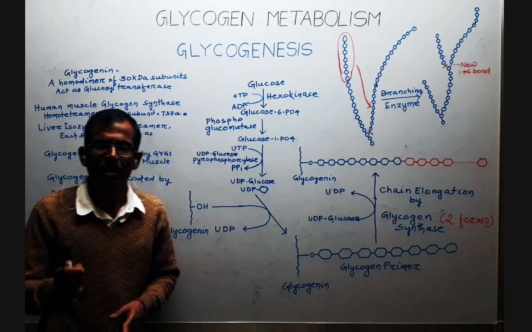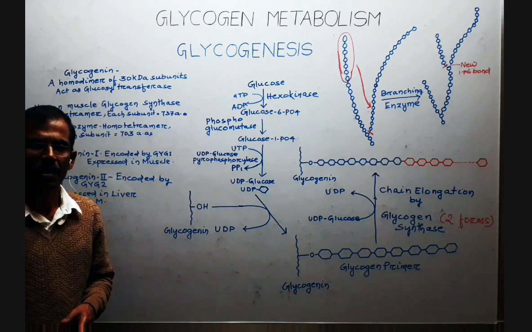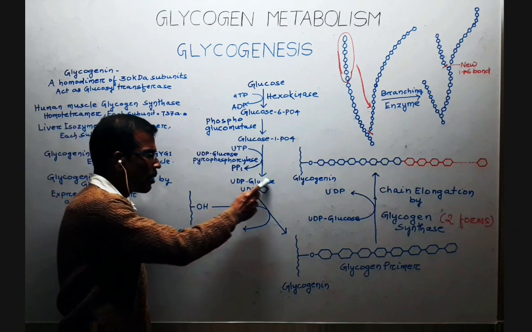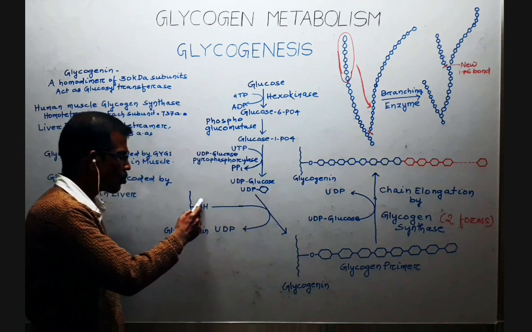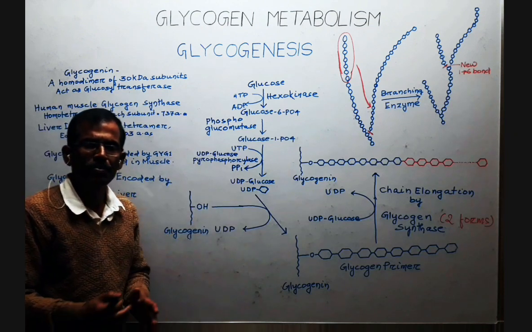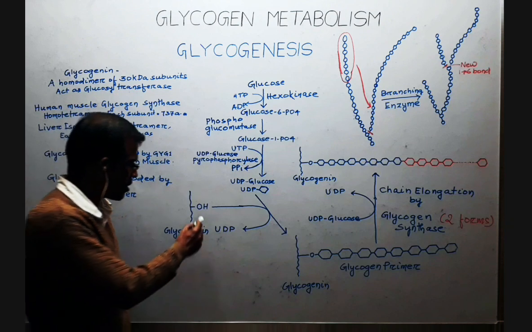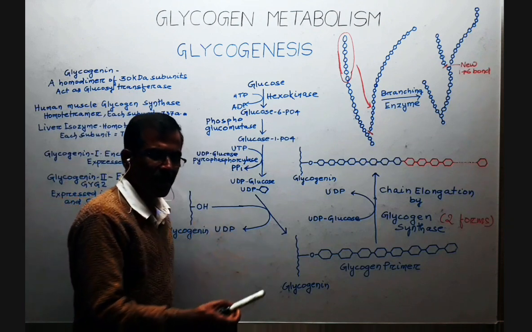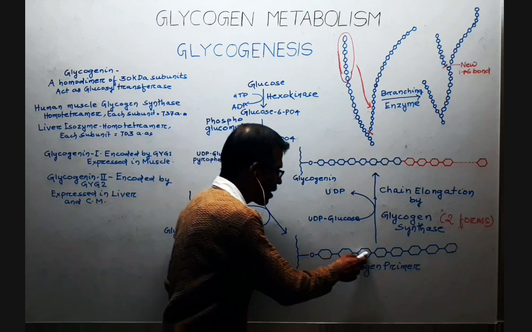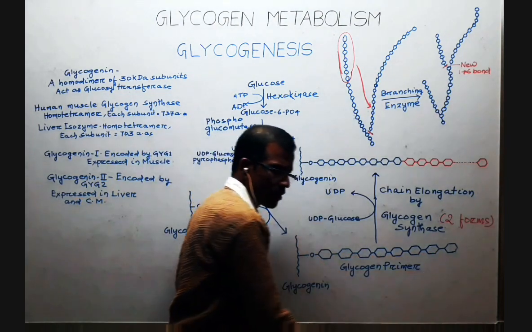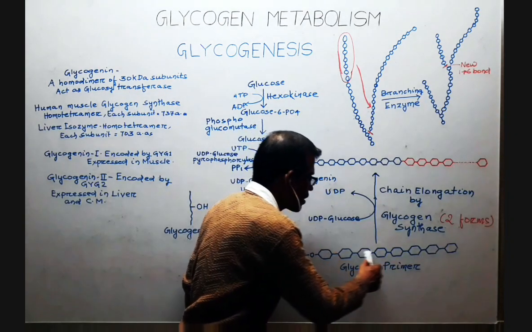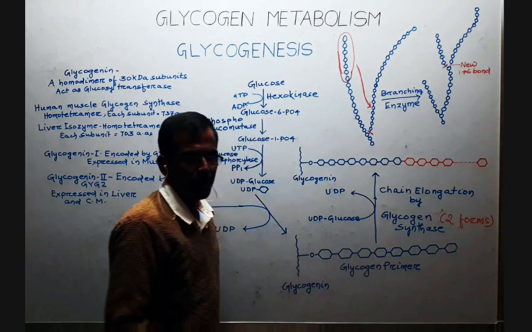First, glycogenin autocatalytically transfers a glucosyl unit from uridine diphosphate glucose to the hydroxyl group of tyrosine 194. After that, this glucan chain is extended by glycogenin itself up to 7 additional glucose units. So this is the glycogen primer, which is synthesized by glycogenin.